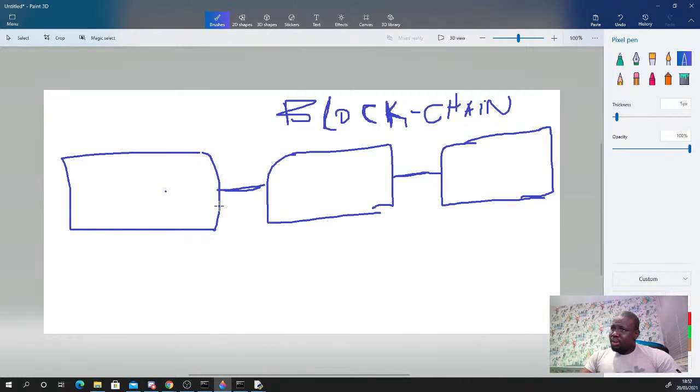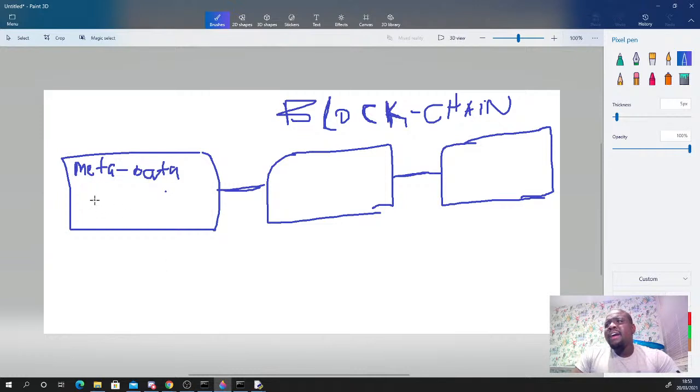Now in every block there is a transaction. For example, what is a transaction? The most popular use of blockchain technology is because the kind of block you're going to have here is going to be filled with transactions. The block is going to have its own information, which we call block metadata, because this is data that describes the block.